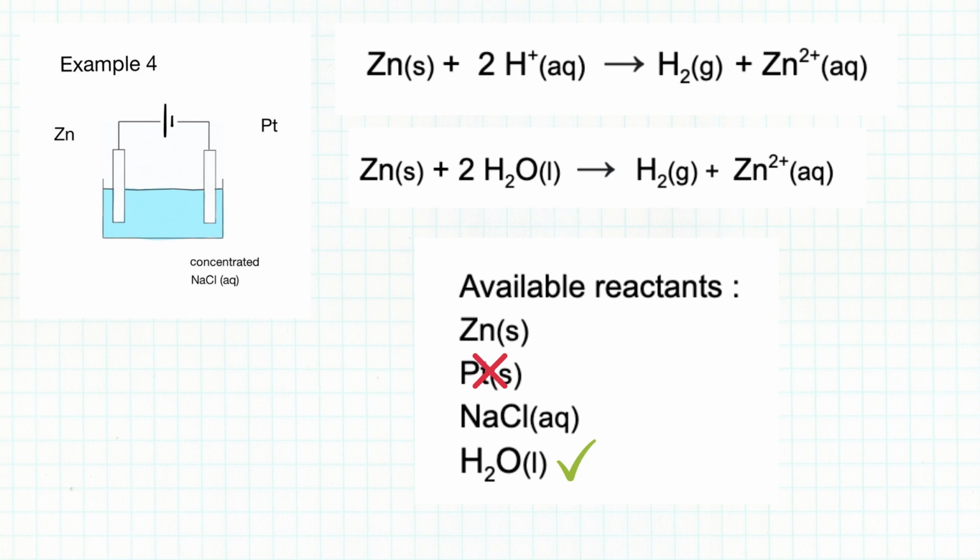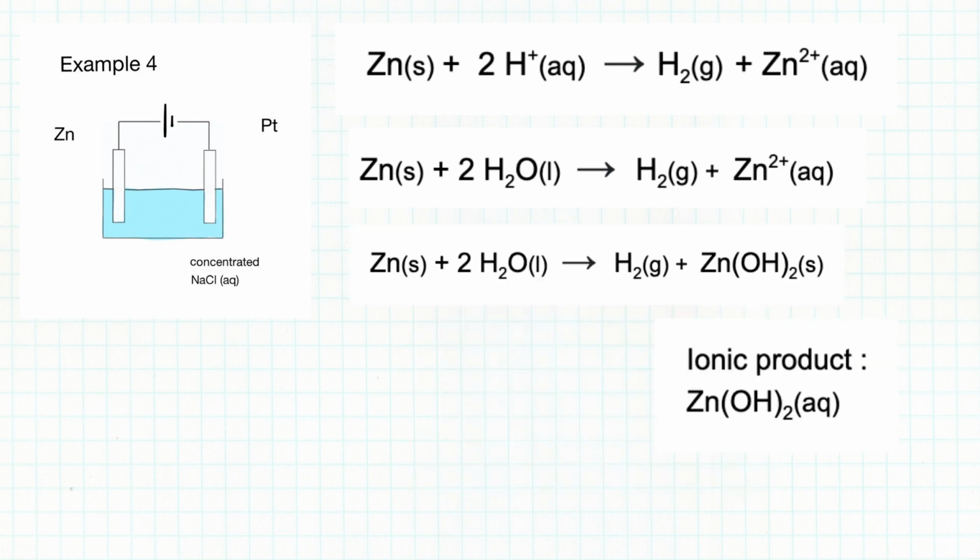The spectator ion used is 2OH-. The ion OH- will react with Zn2+ to produce Zn(OH)2. The equation is Zn + 2H2O yield H2 gas and Zn(OH)2.